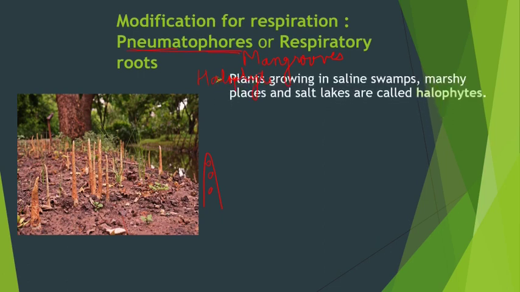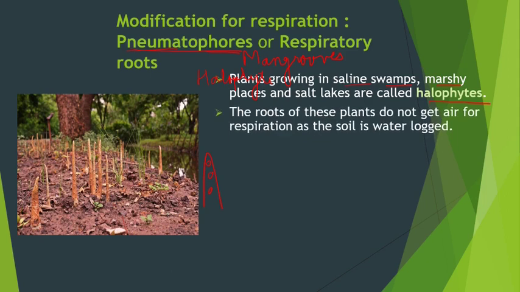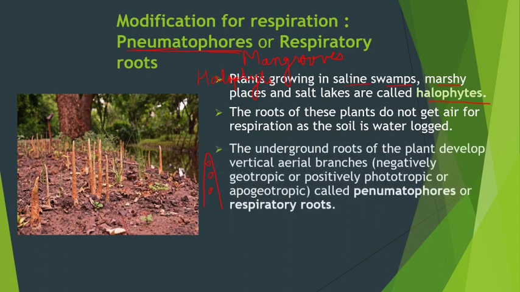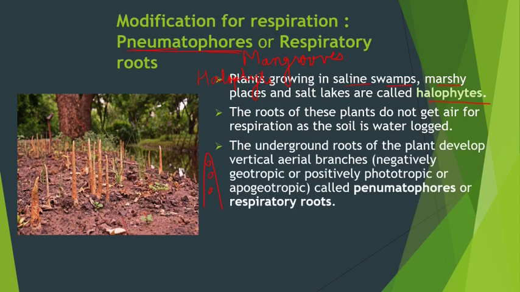So plants which are growing in saline water, swampy region, marshy region are called halophytes. Phyta means plant, halo means saline. The roots of these plants do not get air for respiration, because the soil is lodged with water as well as salts. The underground roots therefore become opposite in nature. They become positively phototropic, negatively geotropic and hydrotropic, and start growing above the ground like spikes.